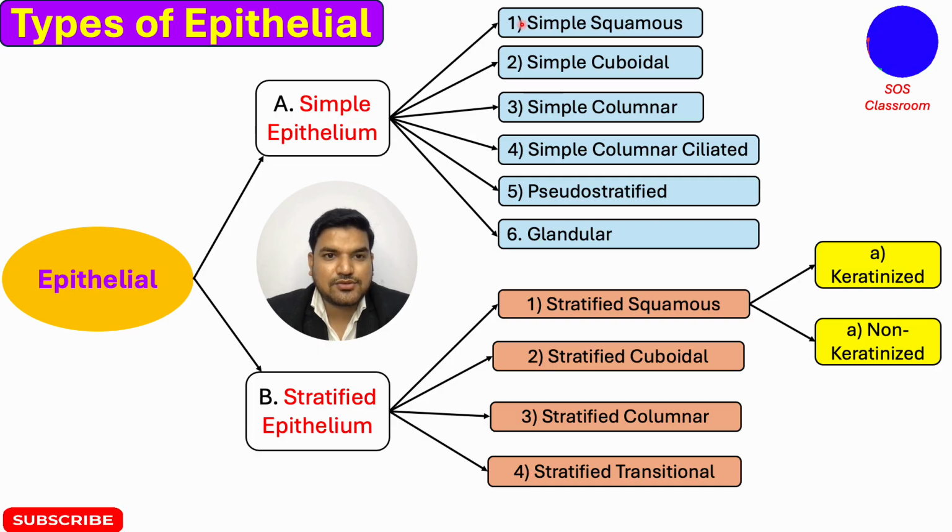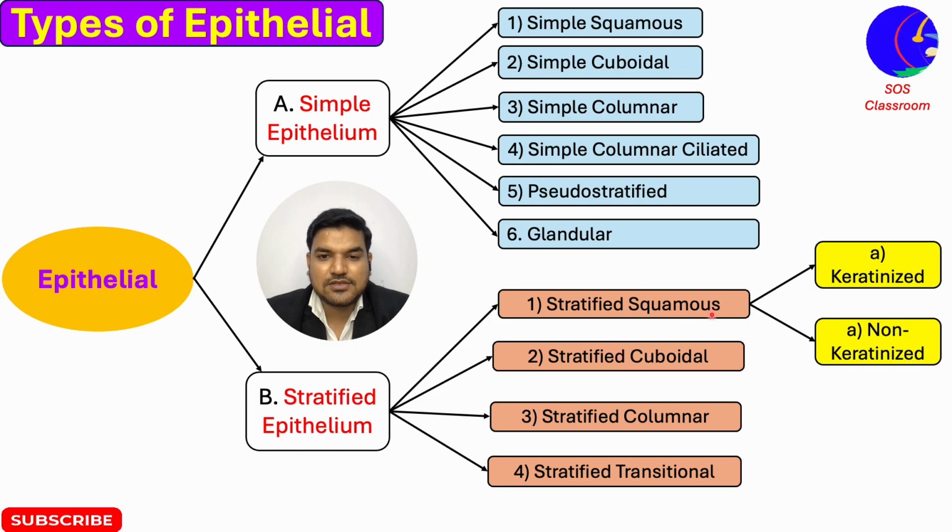Simple epithelium is divided into simple squamous, cuboidal, columnar, columnar ciliated, pseudo-stratified and glandular. Stratified epithelium is divided into 4: stratified squamous, stratified cuboidal, stratified columnar and stratified transitional.